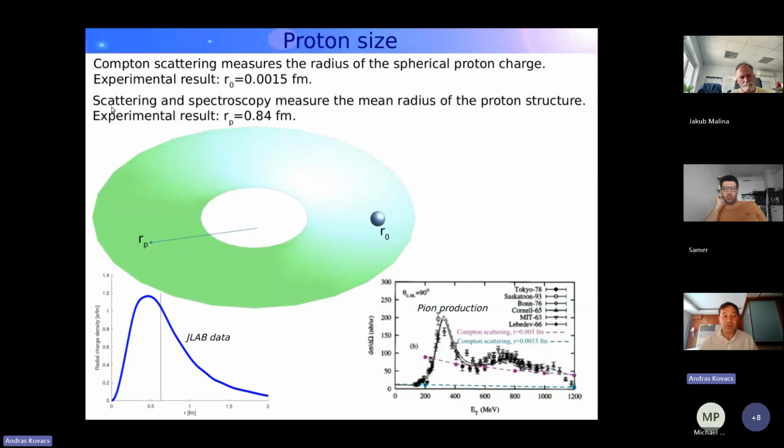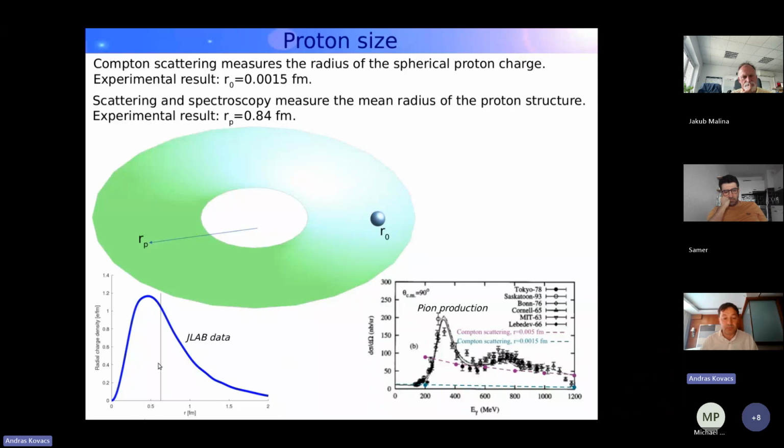Then the other measurement that experimentalists put a lot of effort into is to measure the so-called mean radius of the proton. And this mean radius can be identified with the mean Zitterbewegung radius. And the current consensus data for the mean proton radius is 0.84 femtometer. If you want to go beyond just these mean values, it's possible to look at the high energy scattering data.